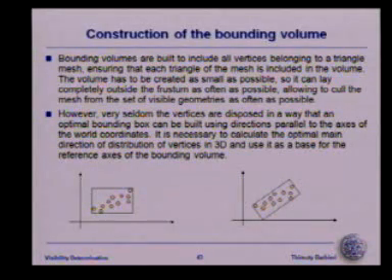Namely, in this case, you can see that this bounding box, true, encloses all the vertices of the mesh, but it also encloses a big portion of empty space. So, if I were checking a collision against something else, I would detect a collision over here, for example, even if there is no actual collision with any of the vertices of the mesh, because the vertices of the mesh actually happen to be much more inside the box, which is around here.